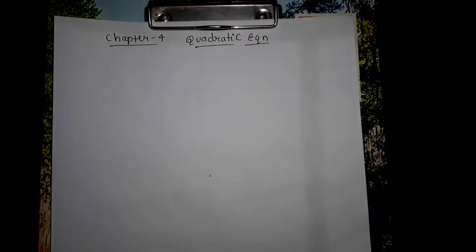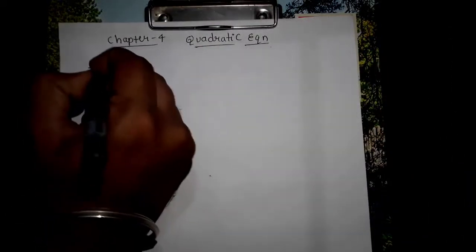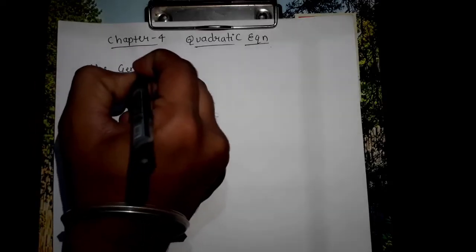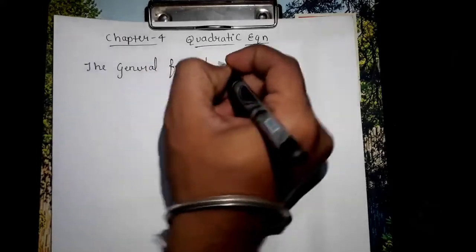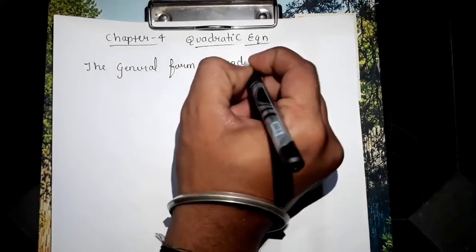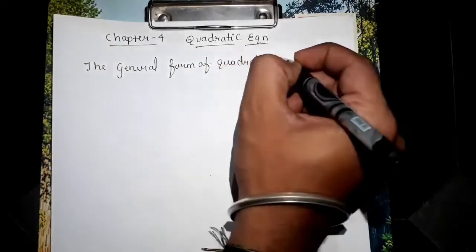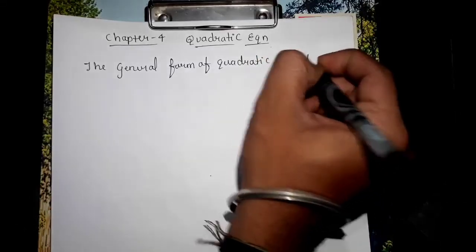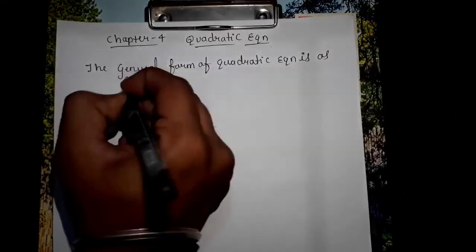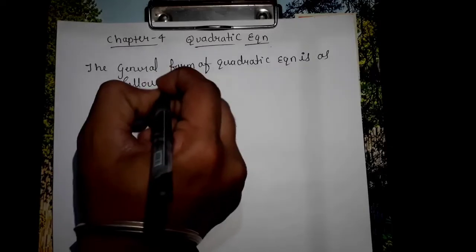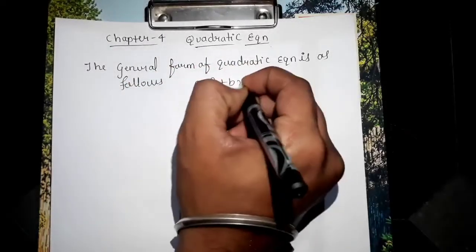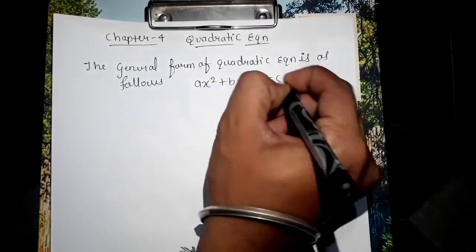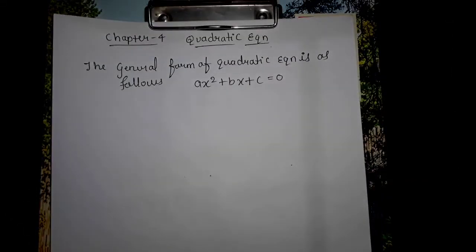The general form of quadratic equation is as follows: ax square plus bx plus c equal to 0.